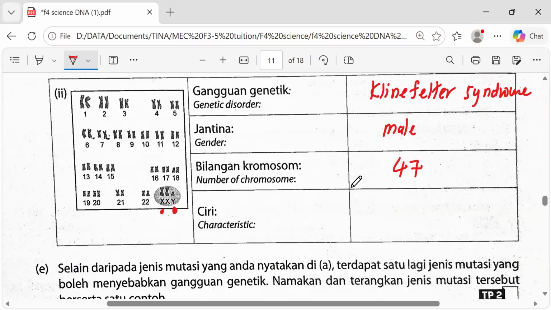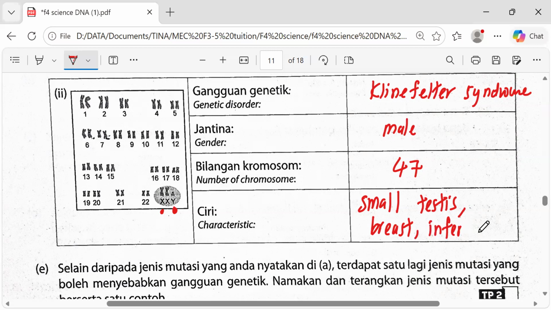breasts, but it's male. It's just a little bit more feminine. Okay, so it's infertile, so they will have smaller testes, breasts, and they will be infertile.